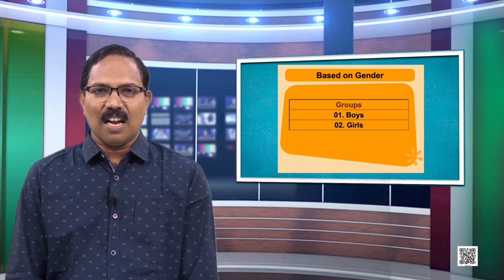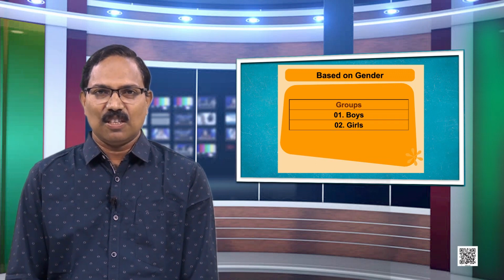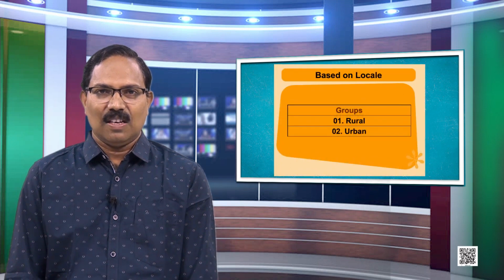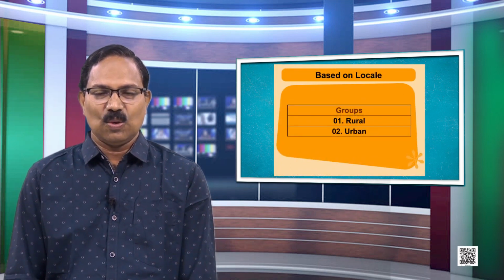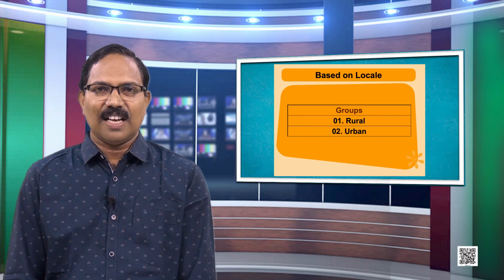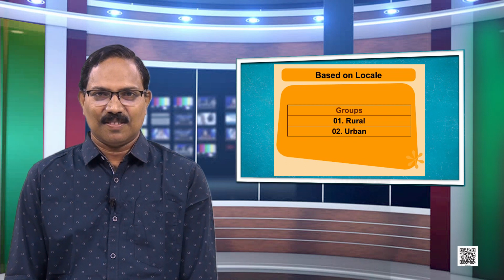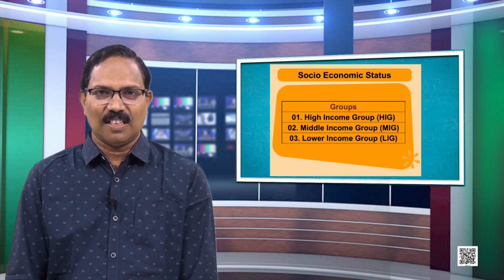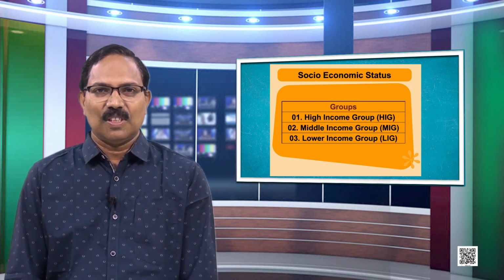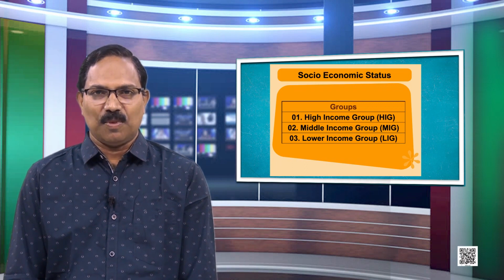The students can be classified into different groups based on their locale, like 1 rural, 2 urban, or the students can be classified into different categories based on their socio-economic status, like 1 high income group, 2 middle income group, 3 lower income group.